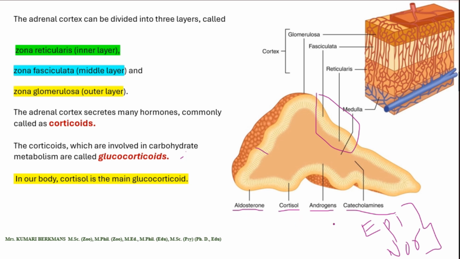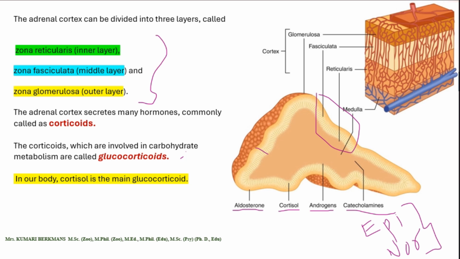Aldosterone, cortisol, and androgen. Androgen is secreted by the inner layer, cortisol is secreted by the middle layer, aldosterone is secreted by the outer layer of the cortex. So what is the outer layer of the cortex? It is zona glomerulosa, the middle layer is called zona fasciculata, the inner layer is called zona reticularis. Okay, so these three layers are very, very important.